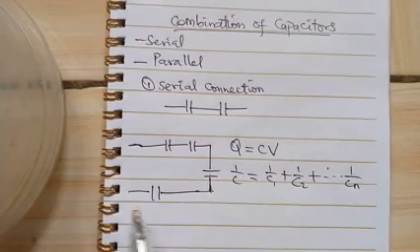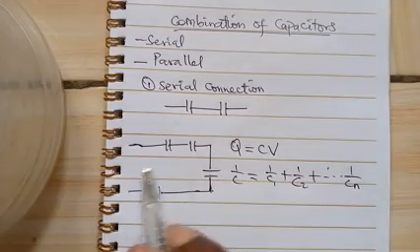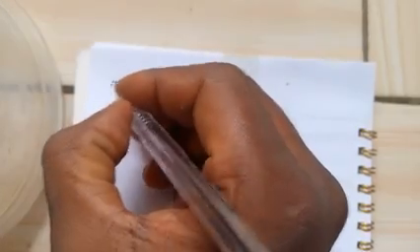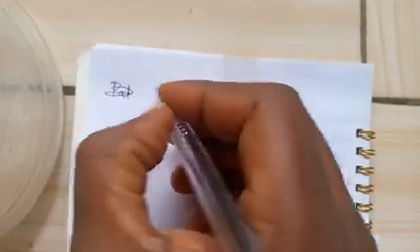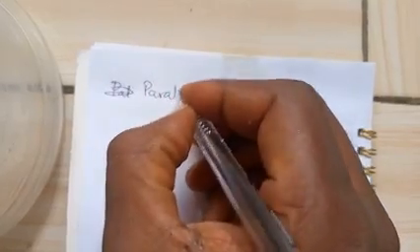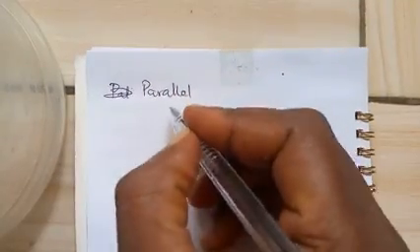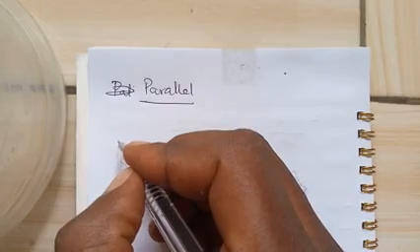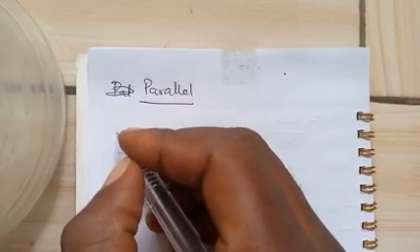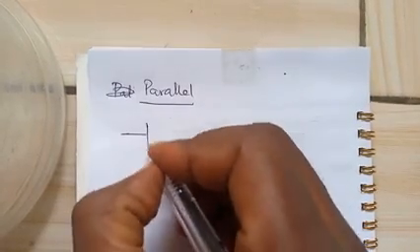So you remember the same charge is what all of them experience. So the next one is parallel connection. Now they are said to be connected in parallel when we have a kind of junction.